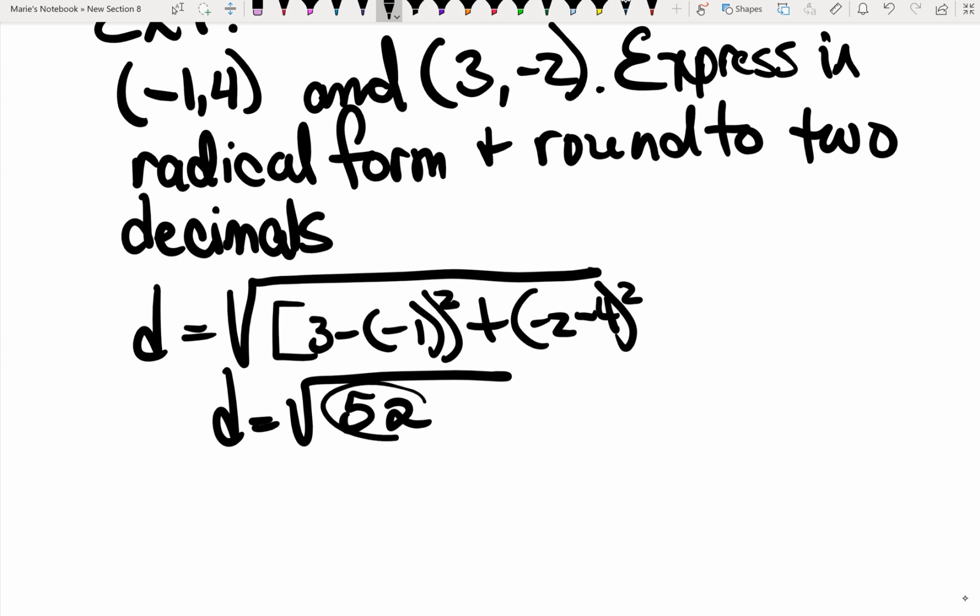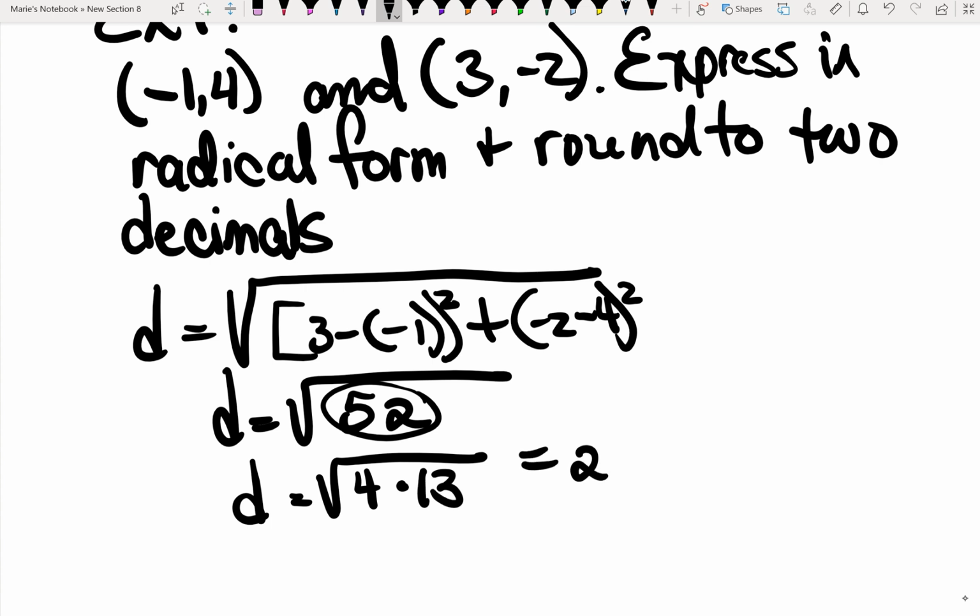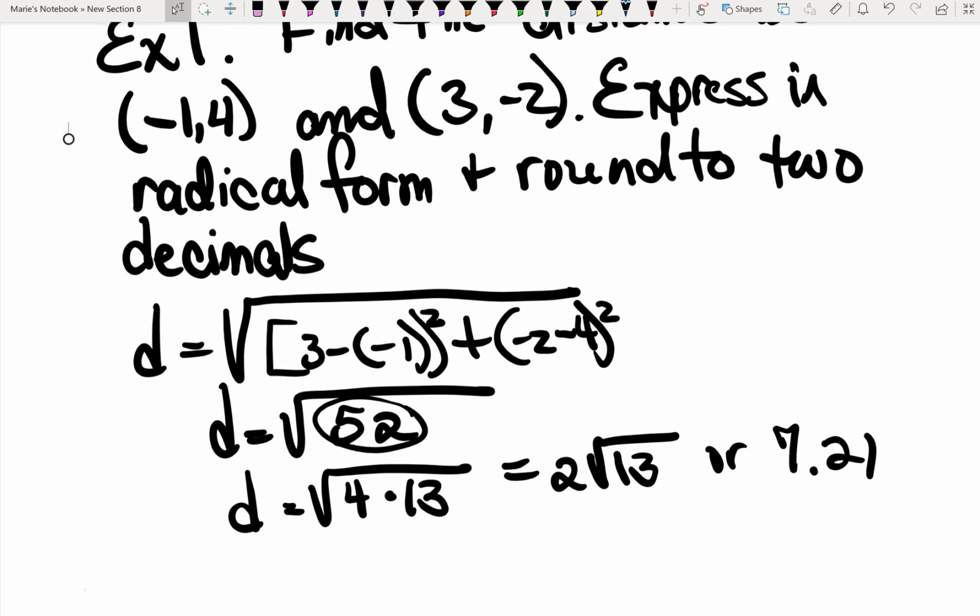Be careful with 52 because there's a perfect square in there. 52 is 4 times 13, which means the simplified version is 2 square root 13, or in decimal form, 7.21. There's your 2 decimals. It's that simple.